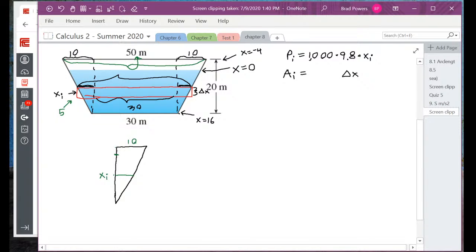Or actually, I don't think that's the distance I want. I actually want this whole thing. So if this is x sub I plus 4, then this part is, well, what's the whole thing? The whole thing is 20, so that's going to be 20 minus x sub I plus 4. That's going to be that piece.